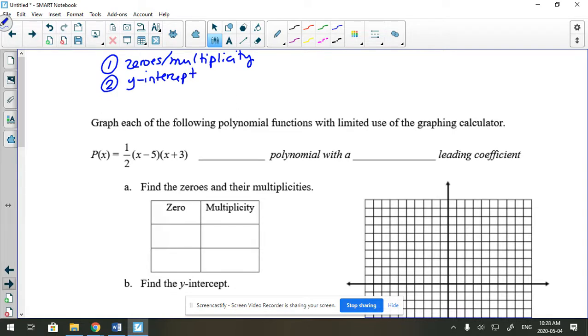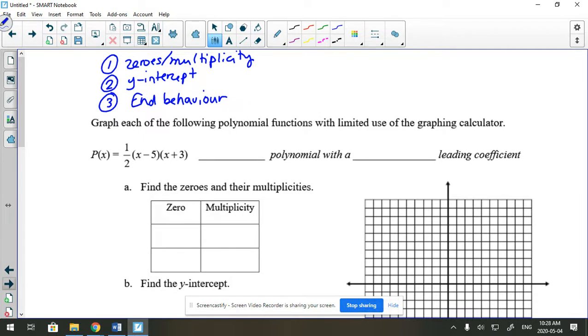We are just doing a rough sketch, but the y-intercept will give you a bit more information about the graph. And then you have to analyze your end behavior. See where your graph starts and ends so you know how to start drawing it. Okay, so first of all, we're going to graph all of these with limited use. So in other words, don't use your graphing calculator, but check your answer at the end.